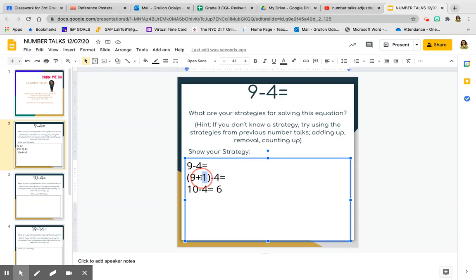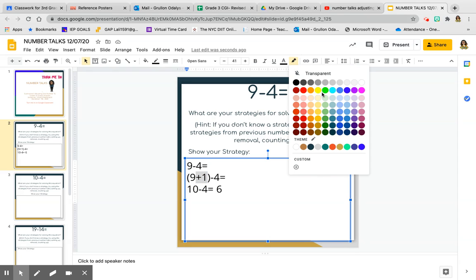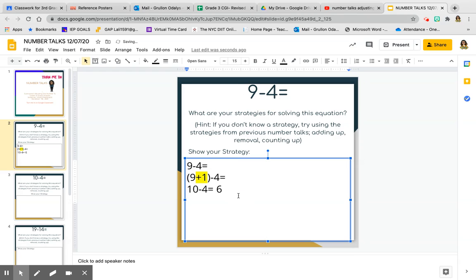So I'm just going to highlight this plus 1, so that I know I have to work with that again. So this is not my final answer. I have to go back and take away this 1 that I added to make this friendly number. So now I'm going to do 6 minus 1 equals 5.